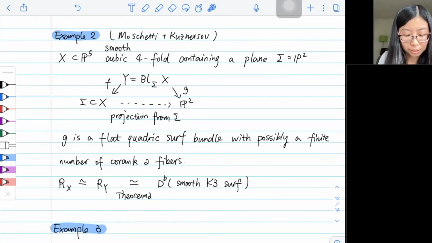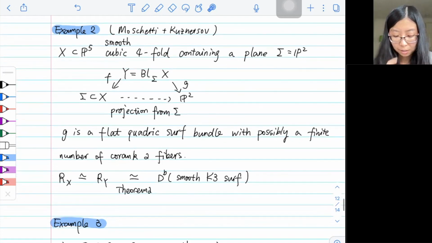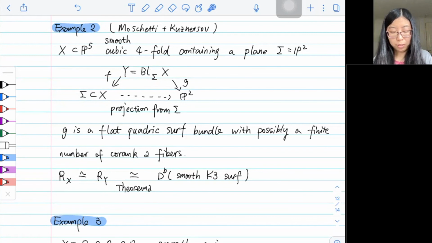So here X is a smooth cubic fourfold inside of P5 containing a plane. And then we can consider the projection from the plane, which gives a rational map from X to P2. When you resolve the indeterminacy, you have a map F, which is the blow-up of X along the plane, and another map to P2.